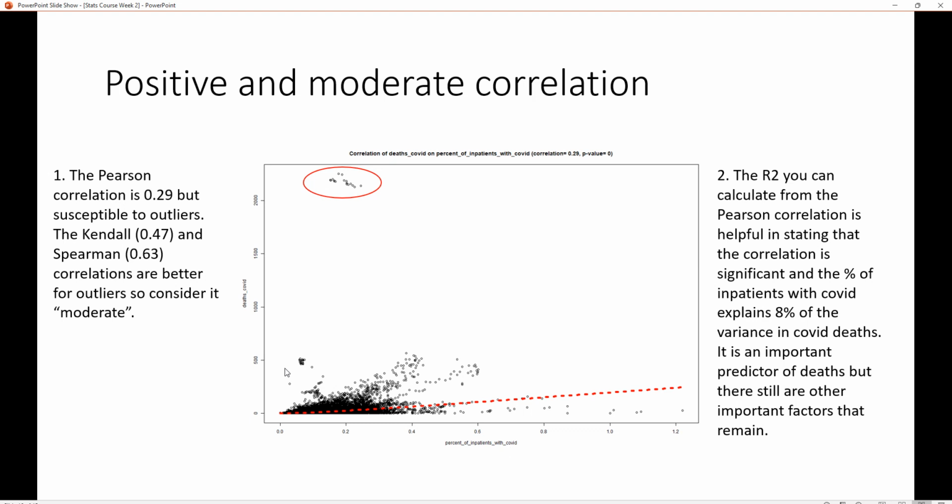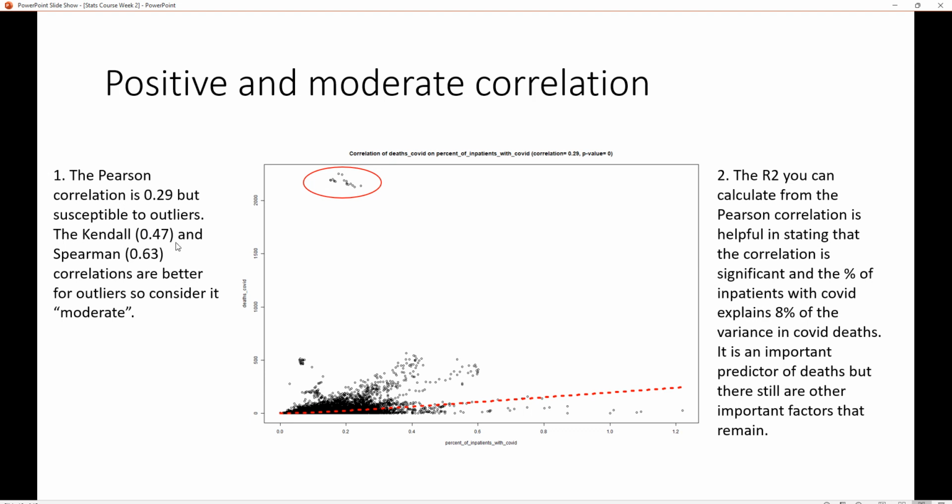In other words, do we see more COVID deaths because of our high COVID volumes? The Pearson correlation is 0.29, but we see circled up top outliers, and the Pearson correlation is a little bit more susceptible to outliers.